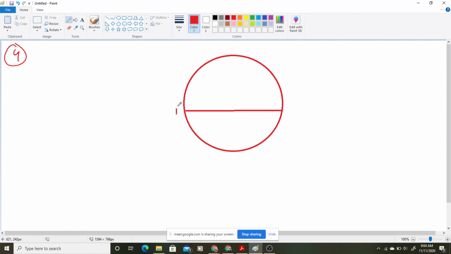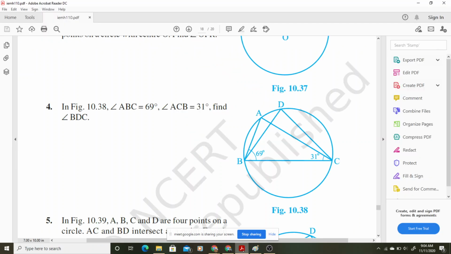So we will take this BC, then A and D, two points are given, one point here and one point here. This is A, this is D, then we can join. Okay, this is the figure, and this angle is 69 and BDC is 31.